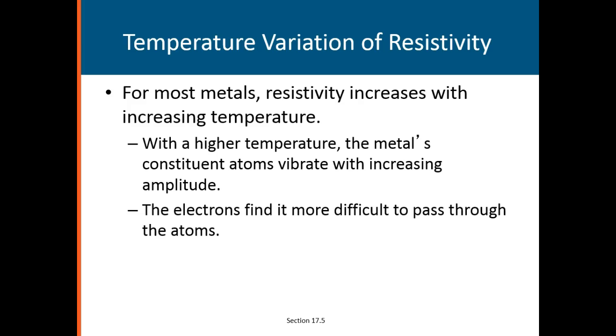With a higher temperature, the metal's constituent atoms vibrate with increasing amplitude, and therefore they offer more resistance, more resistivity. The electrons find it more difficult to pass through the atoms because the atoms are vibrating with increasing amplitude, so when there are collisions, there are stronger collisions, they get bounced back more. So you have more of that tortuous movement.